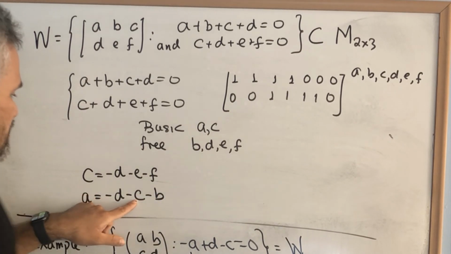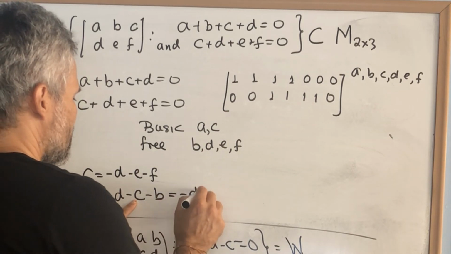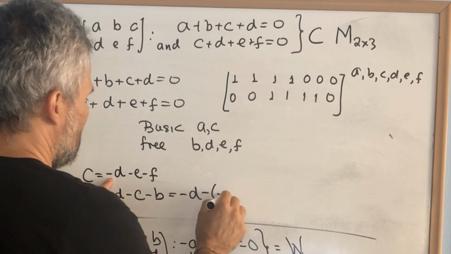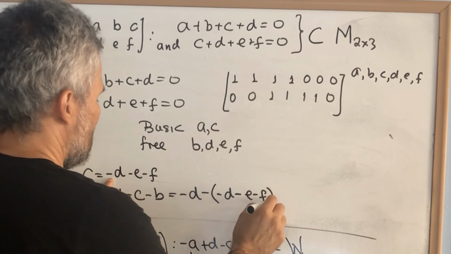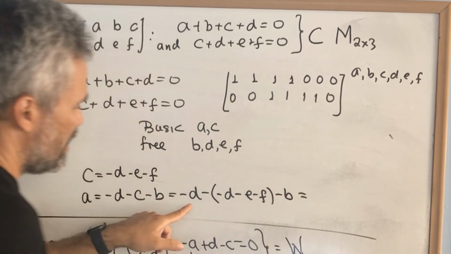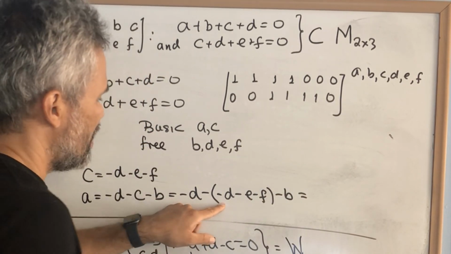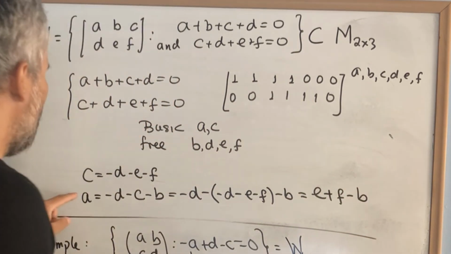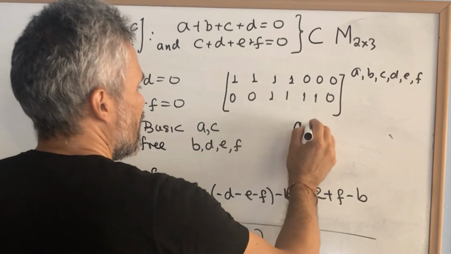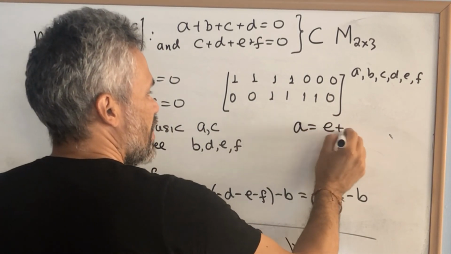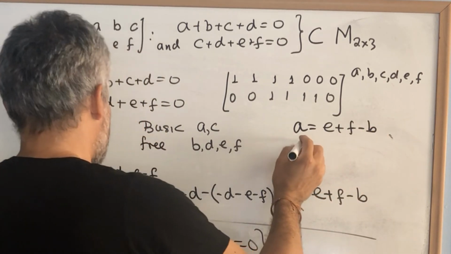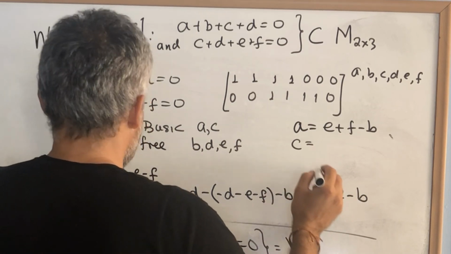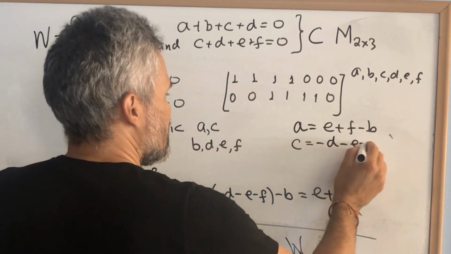No, I have to replace this C, and I get negative D minus negative C, but C is negative D minus E minus F, minus B, and then the D's cancel out, and we get E plus F minus B. So A is E plus F minus B, and C is negative D minus E minus F.